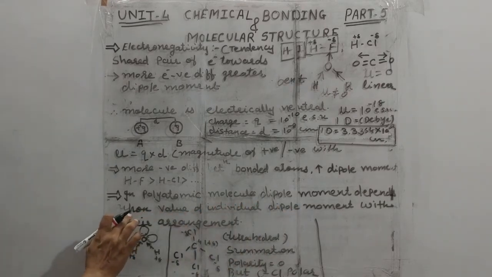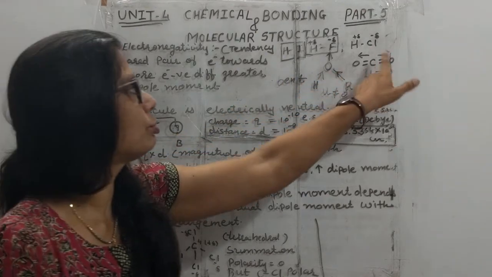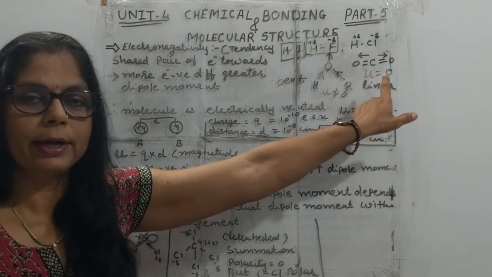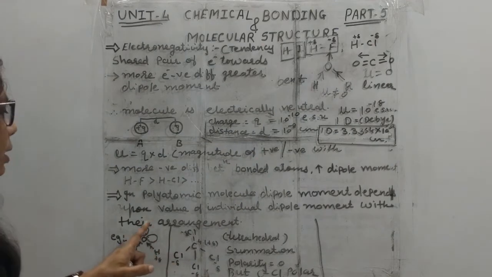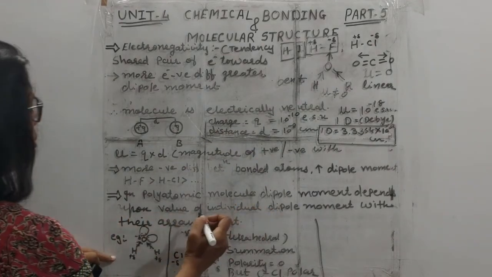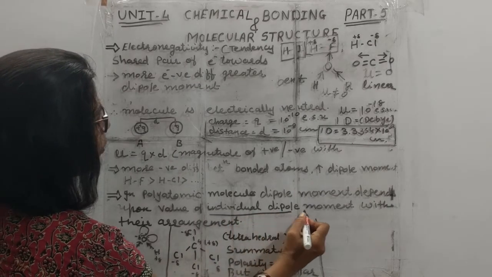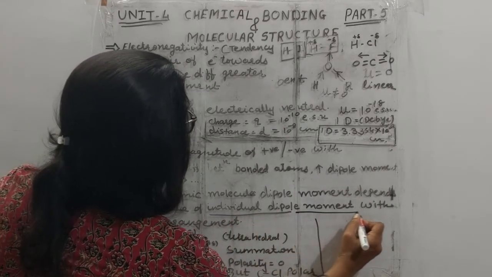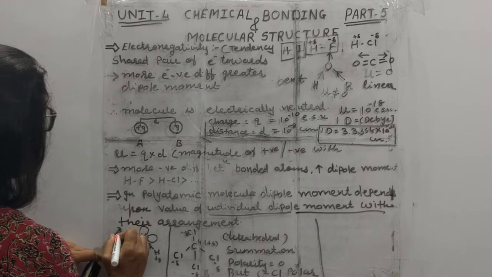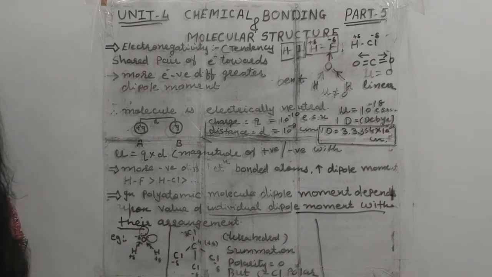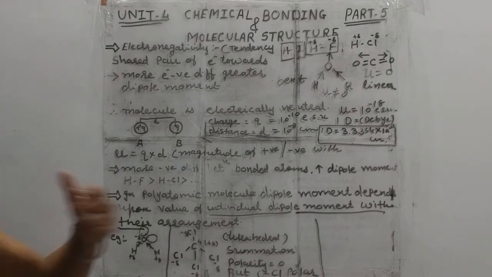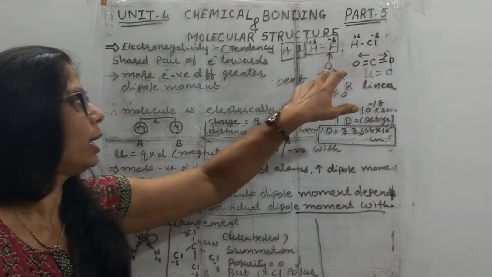The dipole moment does not only depend on two atoms like in a diatomic molecule. Here in the polyatomic molecule, the dipole moment depends on the individual dipole moments of the atoms which took part in the formation of the molecule. So this is very important. Here only these two are taking part.